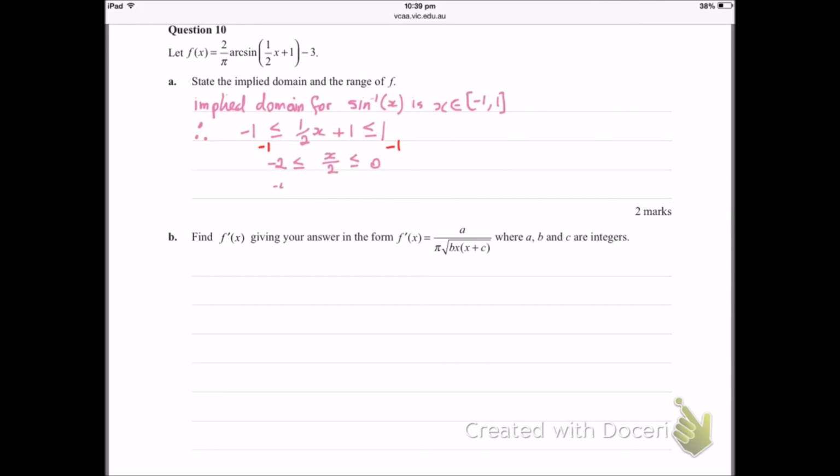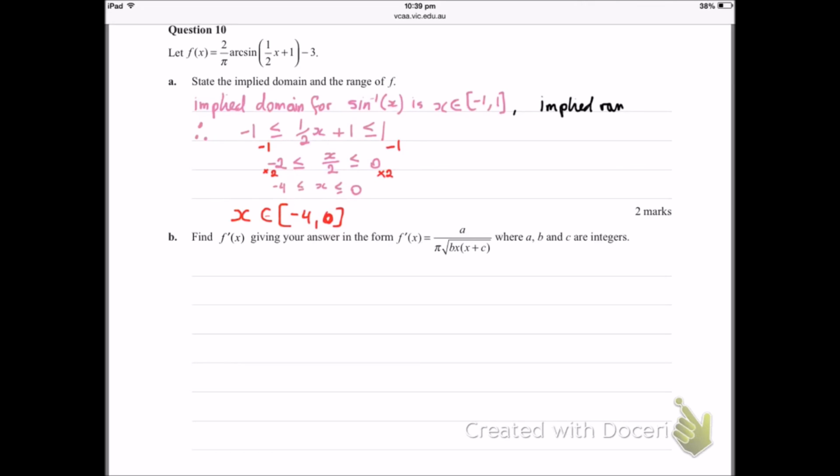I end up with this as my implied domain. It might be worthwhile to finish that off by writing x goes from -4 to 0.